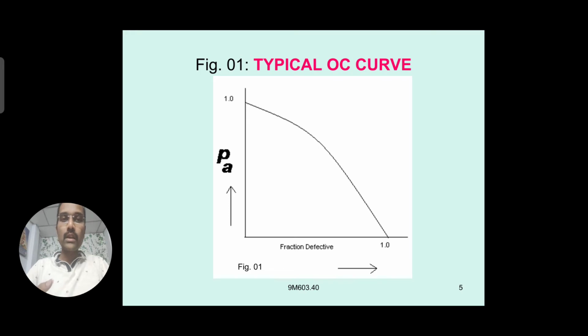Why? Because the defectives identified are 0. In a similar way, if the fraction defective values are increasing on the x-axis, the probability of acceptance first decreases slowly, then falls rapidly as the fraction defective goes on increasing.